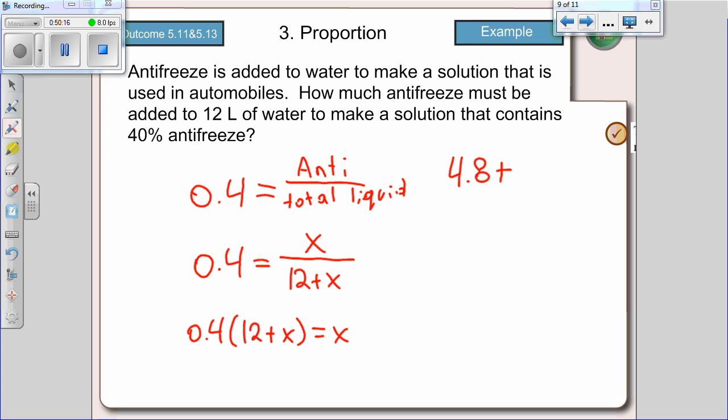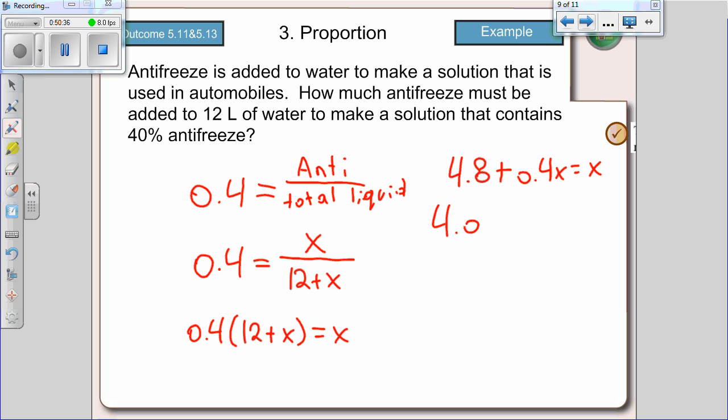Move my 0.4x to the other side. So I've got 4.8 is equal to 0.6x. Remember I subtracted 0.4 from both sides? 1 minus 0.4 is 0.6. Right? I subtracted 0.4x from both sides.